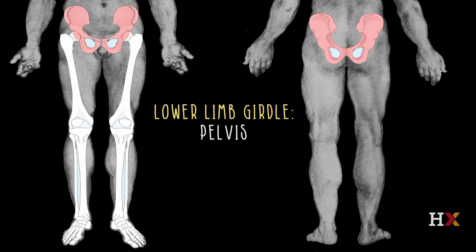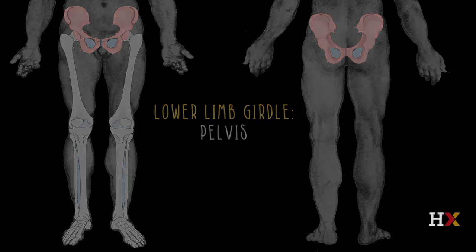And so, as we'll see later on in more detail, the pelvis consists of 3 bones that are actually fused together. So instead of having joints between them, they're fused to form a single sturdy unit for weight bearing. So those are the bones of the upper limb girdle, the shoulder girdle, the bones of the lower limb girdle, the pelvic girdle, and the girdles are how the limbs themselves attach to the axial skeleton.